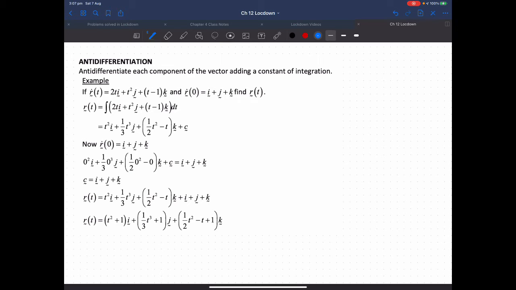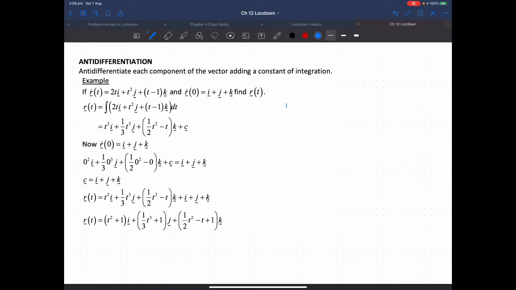Anti-differentiation is similar. We anti-differentiate each component of the vector, and then we add a constant at the end. Now remember, the constant is a vector. So here we go.